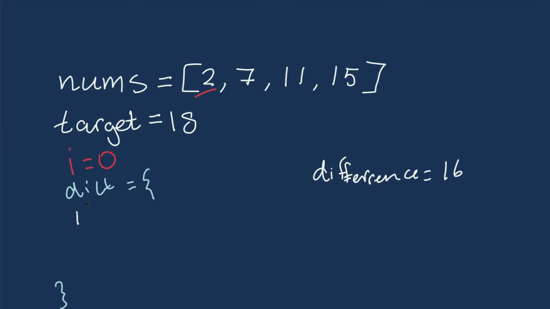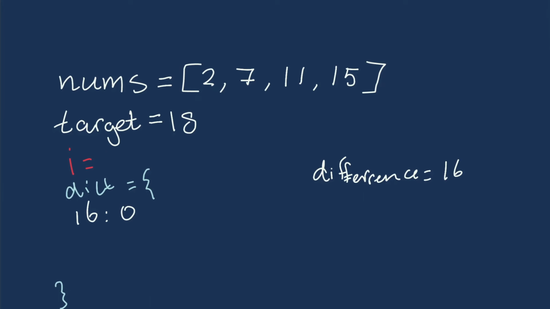And then we store 16 in the dictionary with the current index. So if we happen to find the number 16, we should return 0 along with the index that we are at that moment. So let's continue the iterations.